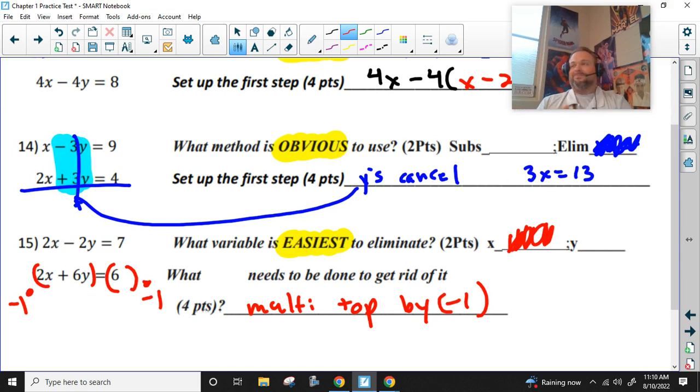How many of y'all talk to your table people and you're like, so what did you do on this one? What did you do on 15? I did this. And you're like, no, that's not what I did. This is an individual situation, and these points will be based on what you say right here.